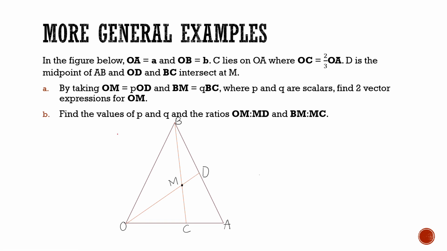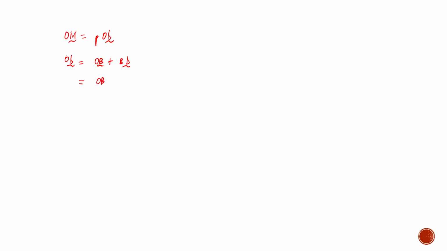We know what OB is because it's B, but what is BD? We've been told that D is the midpoint of AB, so BD should be a half of BA. So this is going to be OB plus a half BA. We know BA because BA is BO plus OA, which is negative B plus A, or A minus B. This is going to be B plus a half times (A minus B), which is in fact half A plus a half B. So we've got an expression for OD.